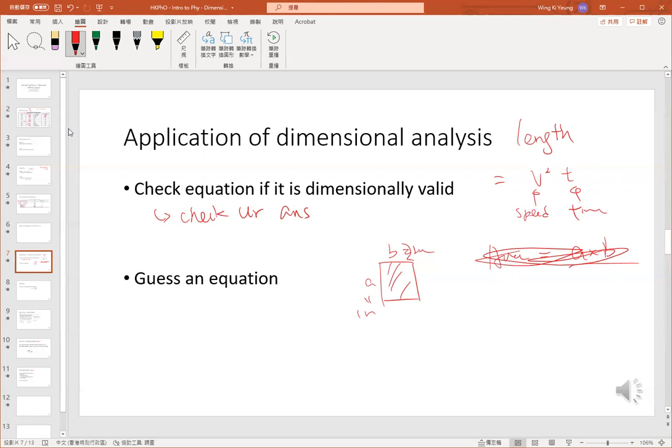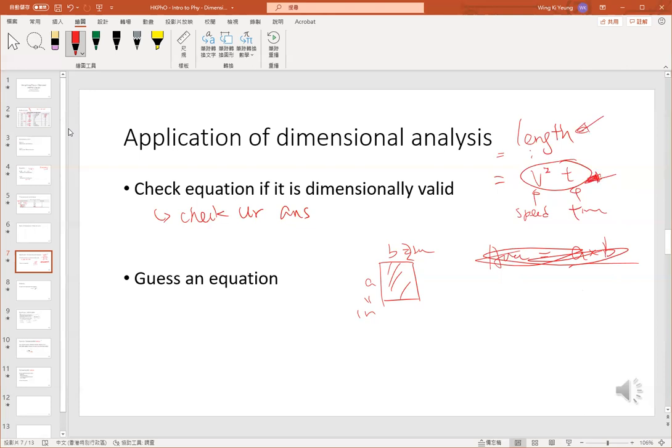If you check the dimension, v times t, the speed times time, is the distance. It has the dimension of length, or meter. But here it is v squared. So what does it mean? v squared times t does not have the dimension of length. So most likely, or 100%, your answer is wrong. Your answer does not have the same dimension as what you want to find. That means your answer is wrong.